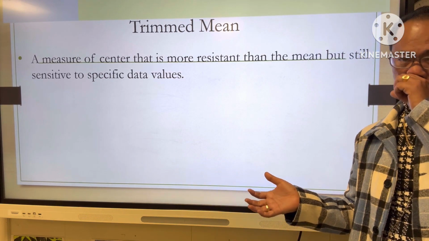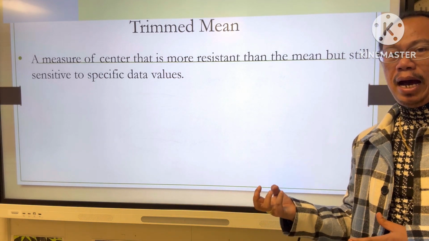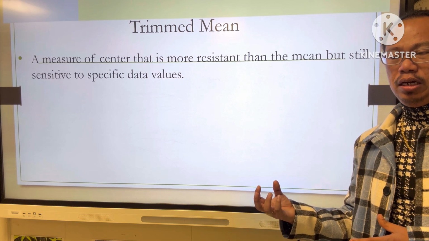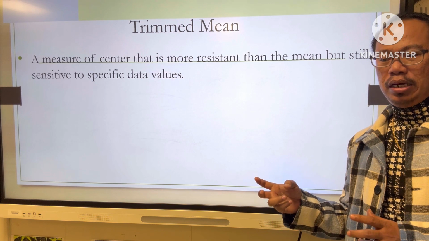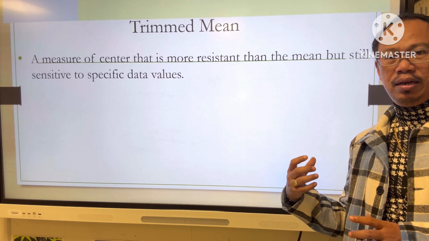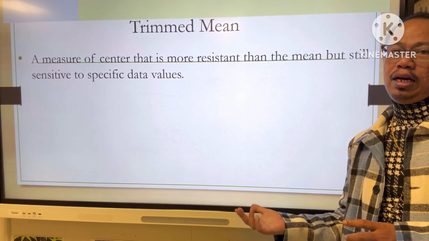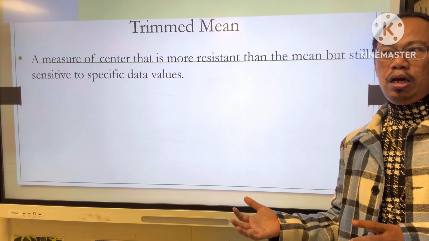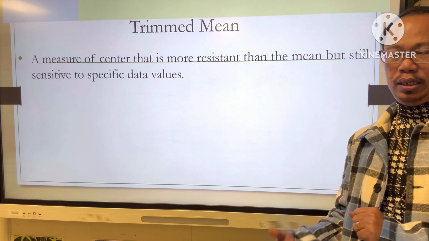Meaning to say, this can also affect the value of the mean, because when you remove something, the mean can be bigger or it can be lesser. That's why it can be greater than or less than. It depends on the computation once we remove some values.